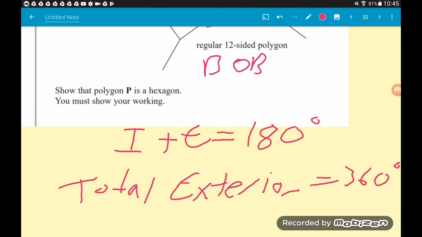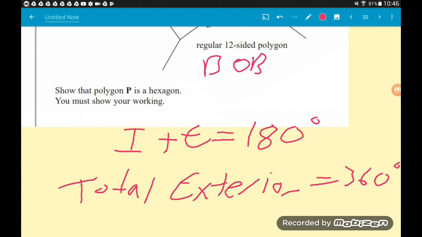Interior angles and exterior angles always sum to 180, and the sum of all of your exterior angles is always 360, and you always have the same number of exterior angles as you have sides of your polygon.